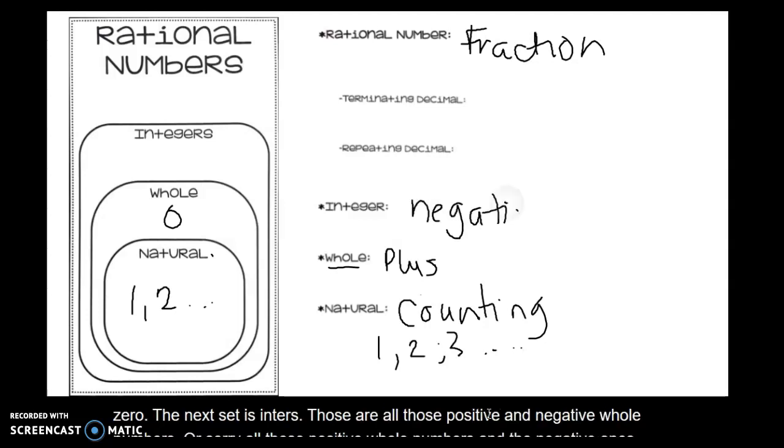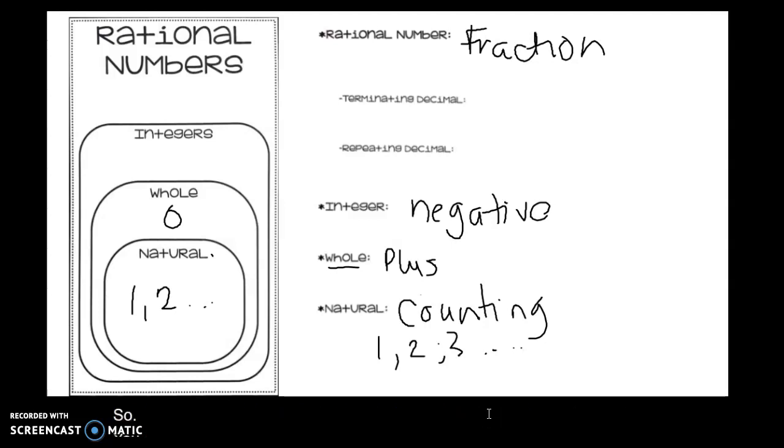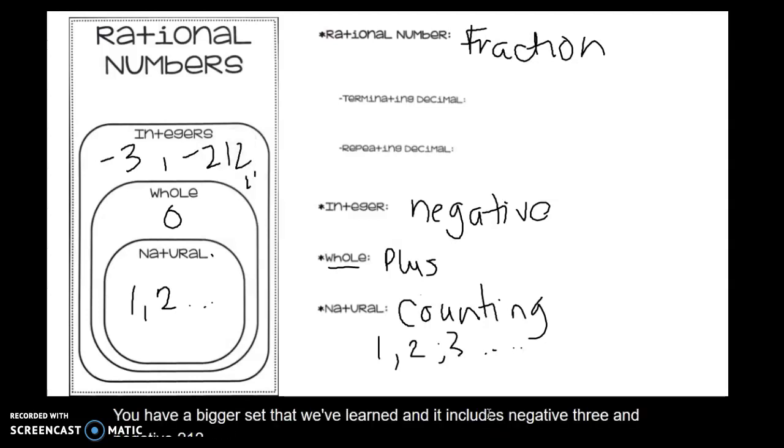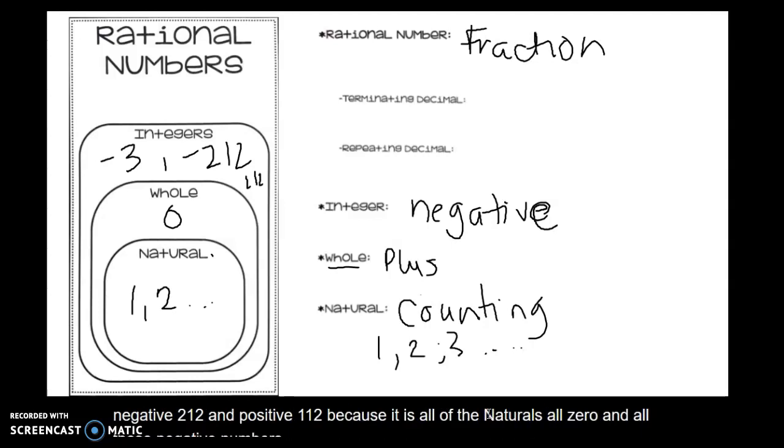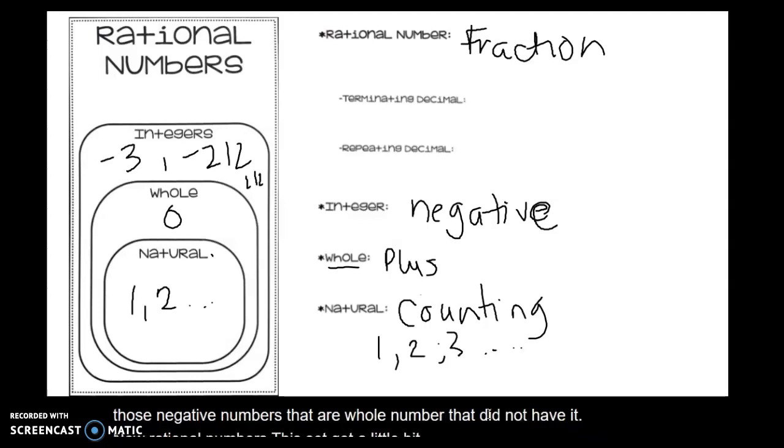So now you have a bigger set, and it includes -3 and -212 and +212, because it is all of the naturals, 0, and all those negative numbers that are whole numbers that do not have a decimal. Now, rational numbers, this set got a little bit bigger because we added all the fractions.